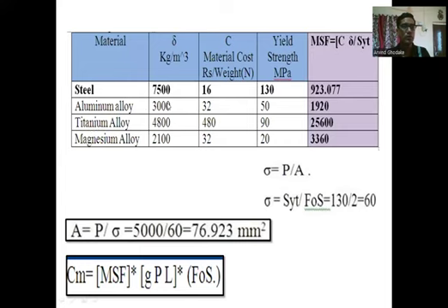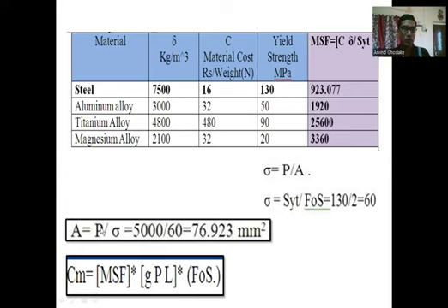Therefore, for aluminum alloy, it will come as 1919. Then for titanium alloy, it will be 25,600. For magnesium alloy, it will be 3,360. So sigma is equal to P upon A is our standard formula. Therefore, stress is equal to SYT upon factor of safety. So that will be 60.